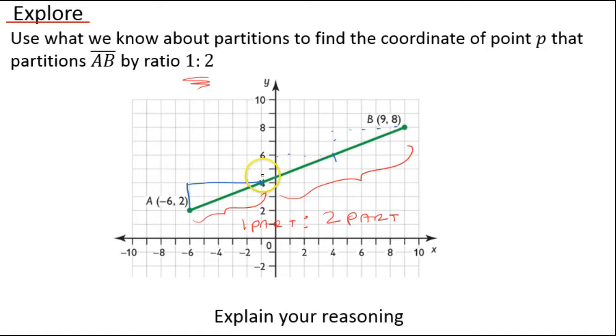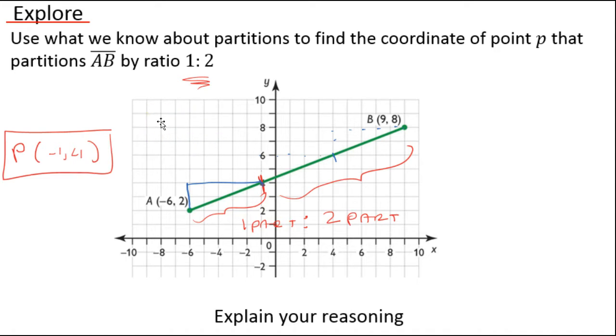So we're trying to find or locate the point, which is this point, where we decided to cut this segment so that it could partition into that ratio. This point itself, when we follow on our number line, we get -1, and our y value is going to be 4. So my point P for partitioning is actually going to be the point (-1, 4). That is my partitioning point.